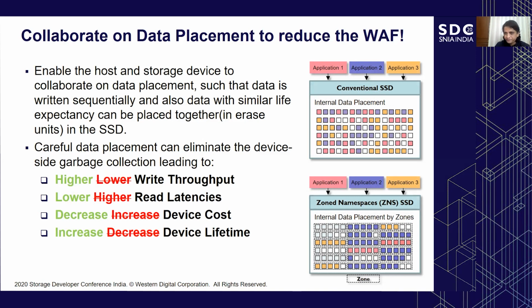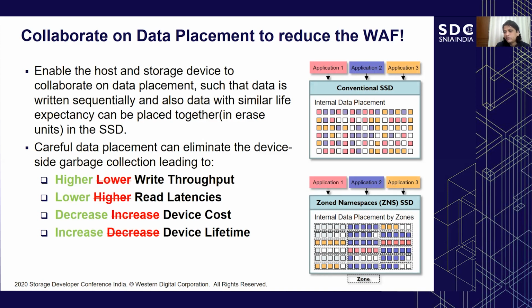If you look at this picture here, on a conventional SSD, the data is all mixed up. The different applications' data is mixed up, and here in the ZNS SSD, we can see that similar types of data are placed together.